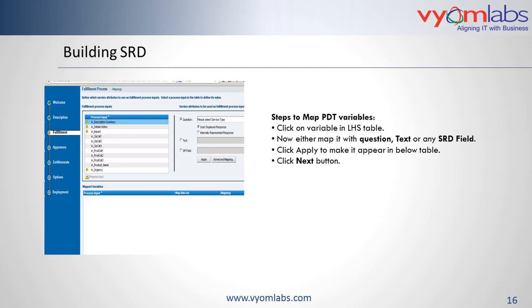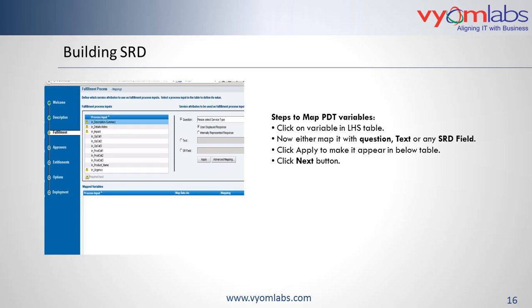We can map a variable with a question, or with a text value, or we can select any of the SRD fields and this question will be mapped with that field. That means when this service request is submitted, whatever is in that field will get mapped to this particular variable, or whatever is in this variable will be pushed to that field. We'll click on the Next button.